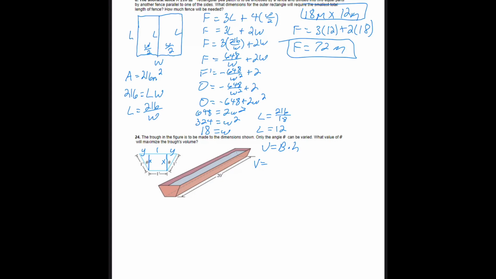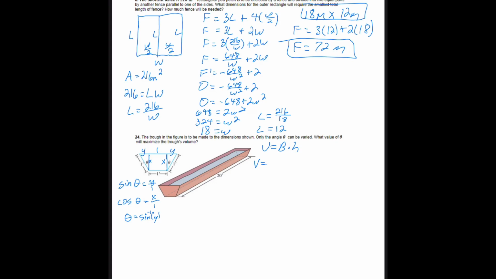Okay, so we know the area of these two pieces are going to be the same. So let's just deal with the one on the left. And we can use some trig to try and find ways to relate theta to X and Y. So I know that sine of theta will equal Y over 1. And I know cosine of theta will equal X over 1.